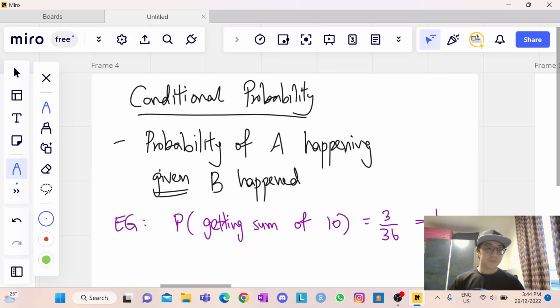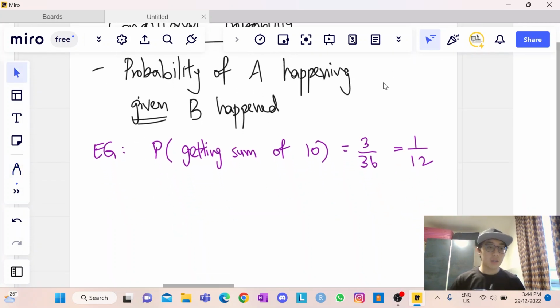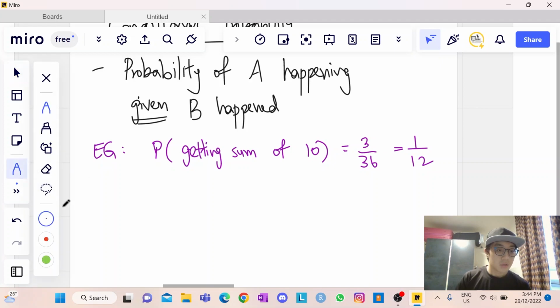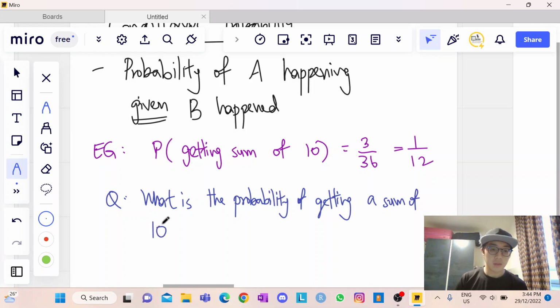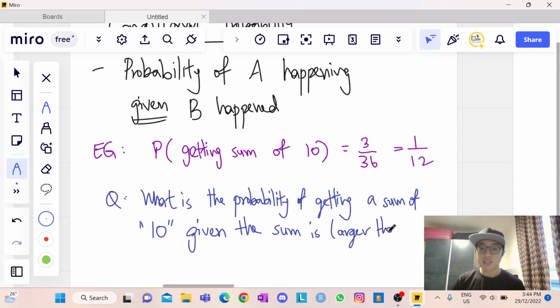But if now the question is asking, find the probability, I'm going to write it in a sentence: what is the probability of getting a summation of 10, given the sum is larger than 7?